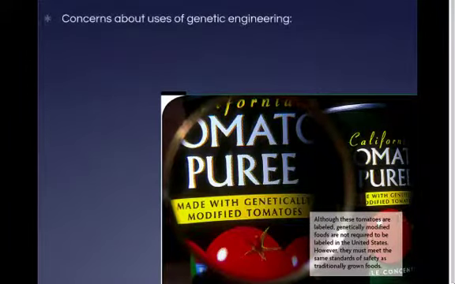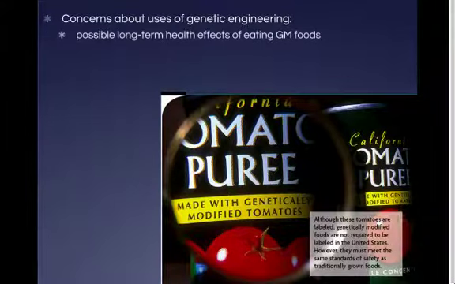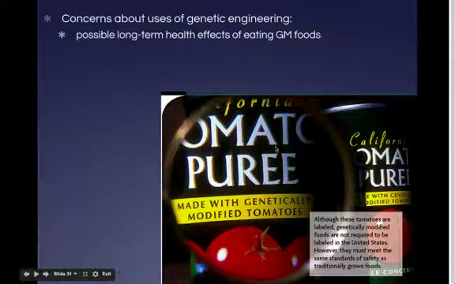The real nitty-gritty comes over the concerns for genetic engineering, and I'm sure that you guys have heard some of these before. So we're not quite sure right now of the possible long-term health effects of eating GM foods, and I think that's what a lot of the problem is about. A lot of the controversy here, if you look down here at this picture, it says tomato puree made with genetically modified tomatoes.